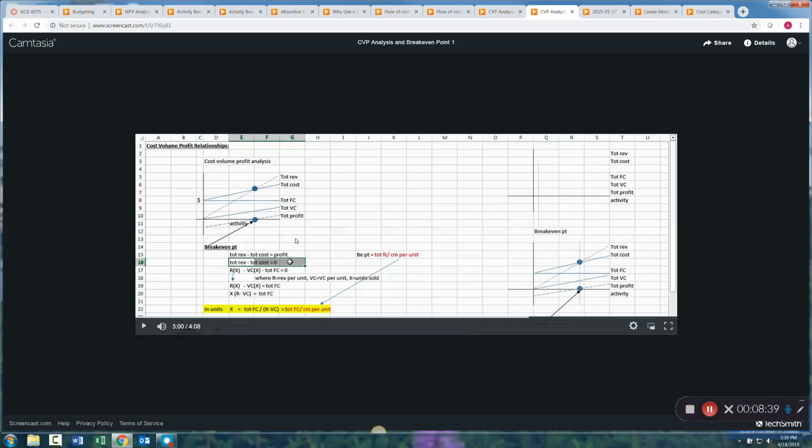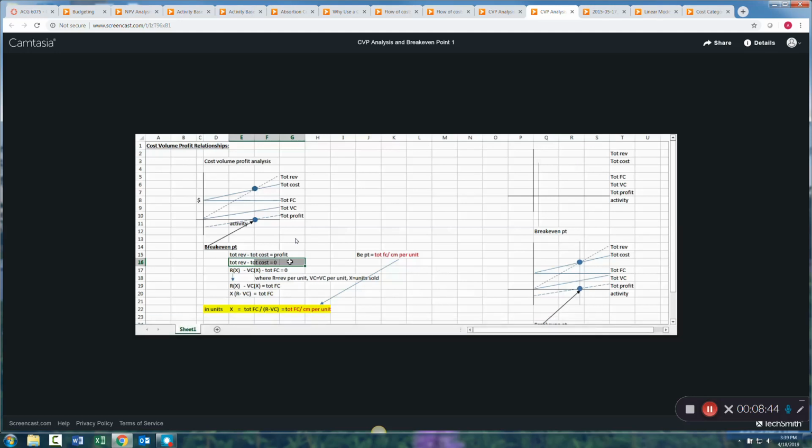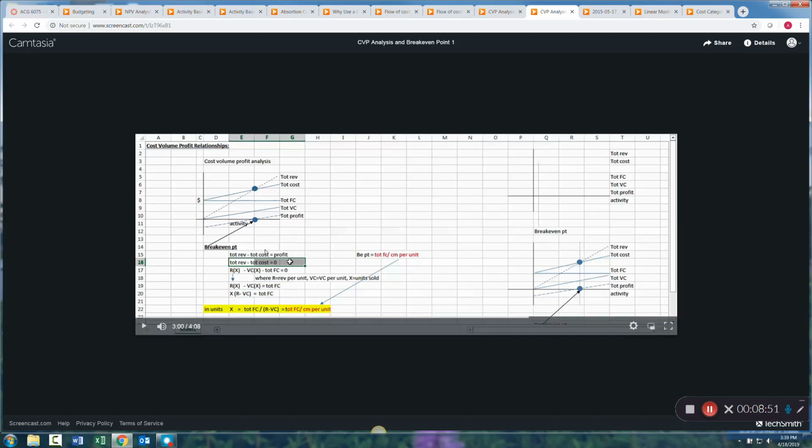So what we use these graphs for is to visualize how we can be profitable in a company. And one of the most useful tools for that is the break-even analysis. You can do the algebra here, but basically the formula comes out to be that you can compute how many units you need to sell to break even by simply taking the total fixed costs and dividing that by your contribution margin per unit.